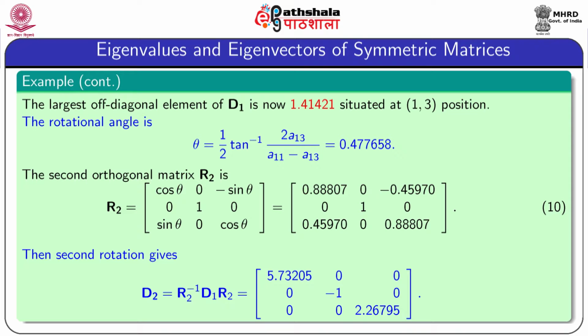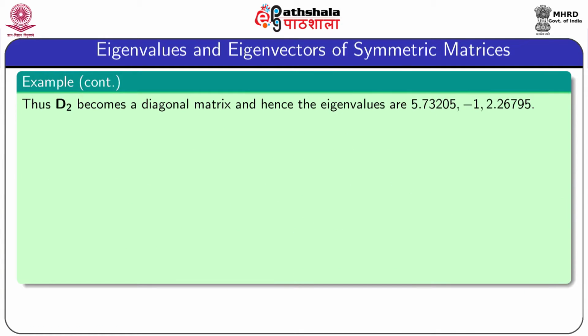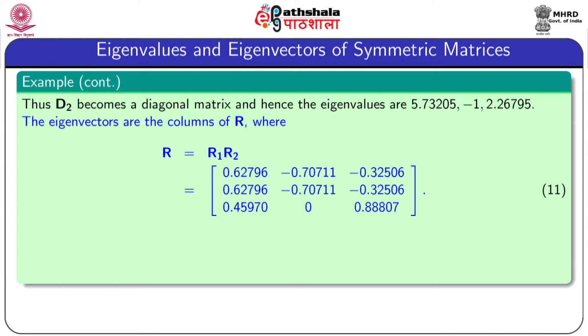The diagonal elements of D2 are the eigenvalues of the given matrix A. So, here we conclude that D2 becomes a diagonal matrix, and hence the eigenvalues of the matrix A are 5.73205, -1 and 2.26795.